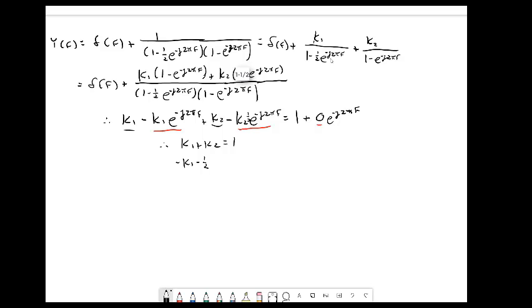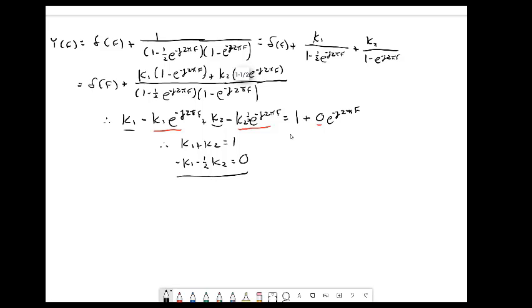Because we're multiplying our K2 times 1 minus 1/2 e to the minus j2 pi f. And so that term, the K2 minus K2 times 1/2, that has to be equal to 0 because I don't have any exponential terms on this side.